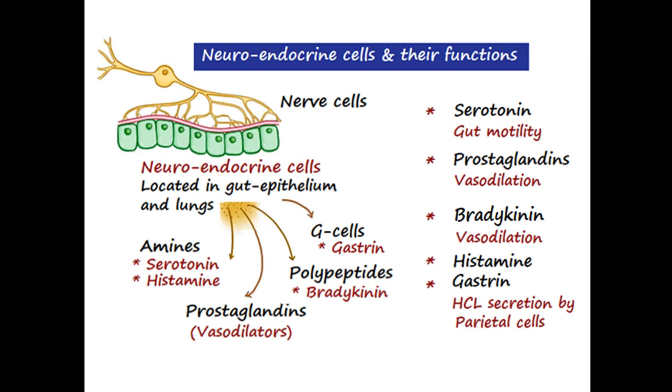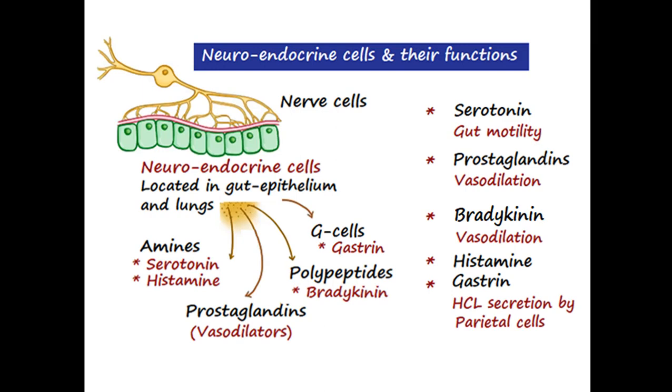The polypeptides secreted by the neuroendocrine cells contain the important component of the kinin system known as the bradykinin, and it also causes vasodilation. The prostaglandins are actually arachidonic acid metabolites, and we have studied arachidonic acid metabolites and their role in inflammation.